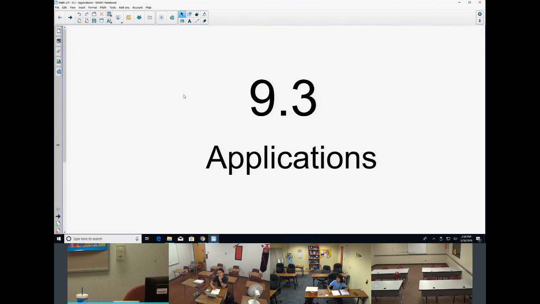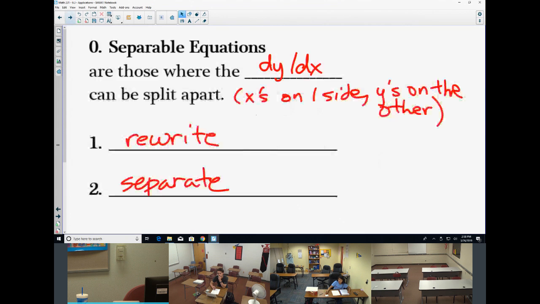All right, so this is on applications. Now, the first part is actually a review because what I'm trying to get across here is that in 9.2 we learned how to solve the regular linear differential equations. But I want to remind you that if they are separable, if you can separate the x's and the y's, then this is the easiest way to do it.